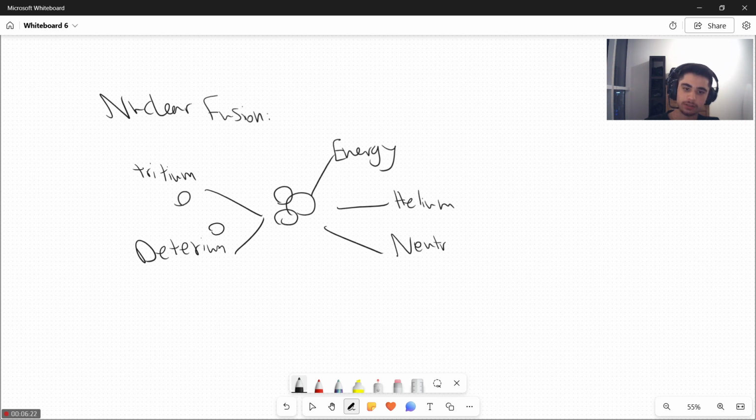So you'll never get rid of that little neutron. Two smaller nuclei joined together to make a bigger one, which in our case is mostly helium. And this joining together creates a lot of energy.